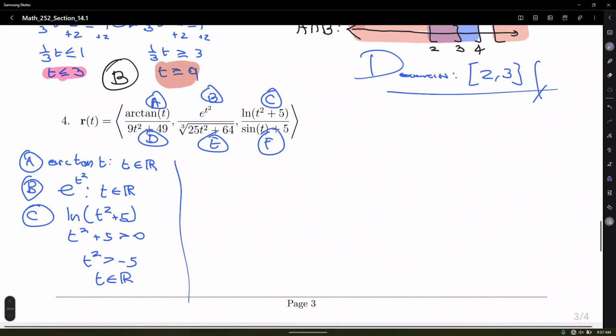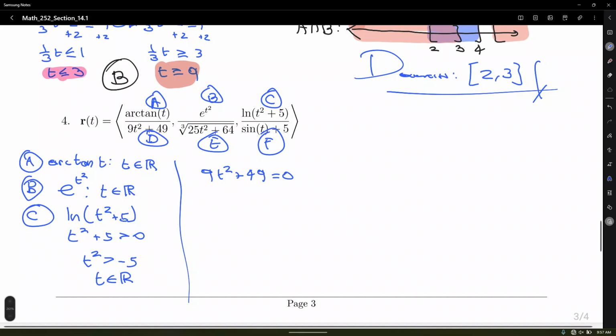Let's keep going. Okay, 9t squared plus 49. I'm setting 9t squared plus 49 equal to 0 because that's a polynomial in the denominator. So there are potential red flags, that is, numbers that make the denominator equal to 0.